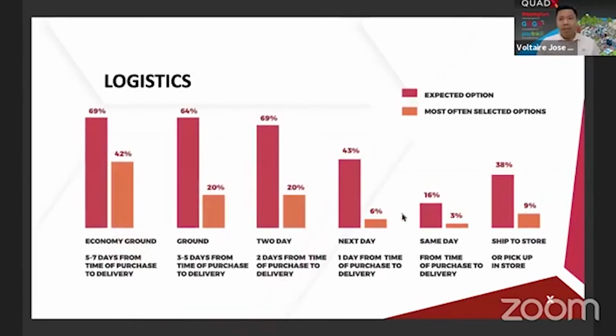So normally for logistics, based on the data that we've gathered as well, as you can see, the breakdown is everybody really veers towards economy ground, because we've determined that at the end of the day, everybody wants it as soon as possible. But when it comes to pricing still dictates what the people choose.